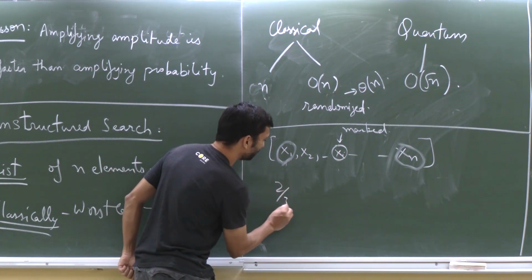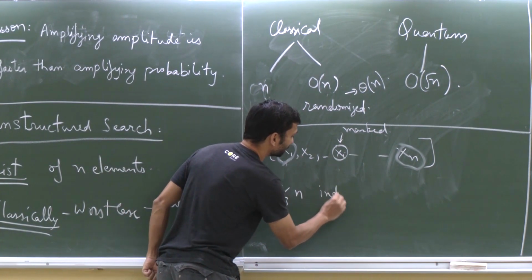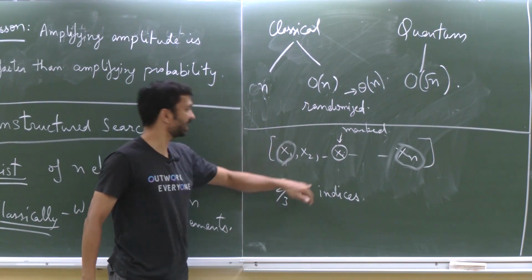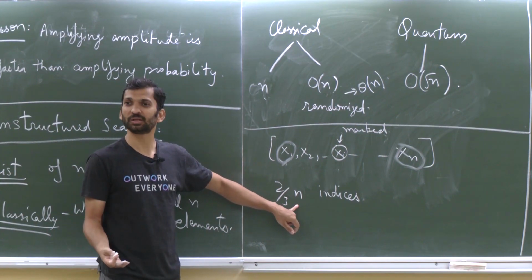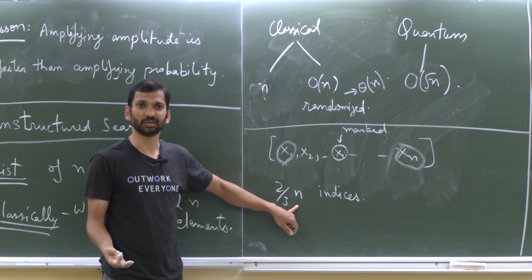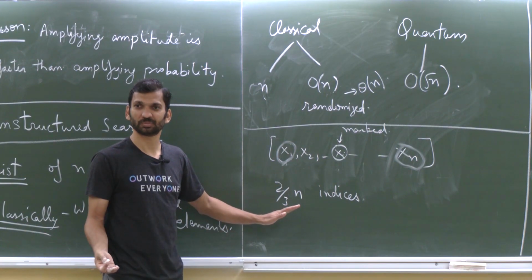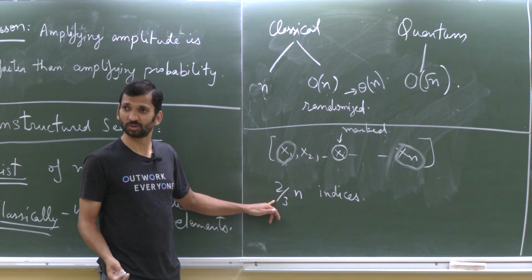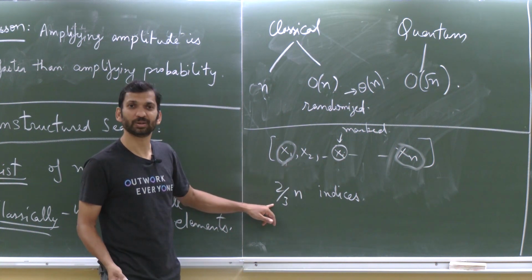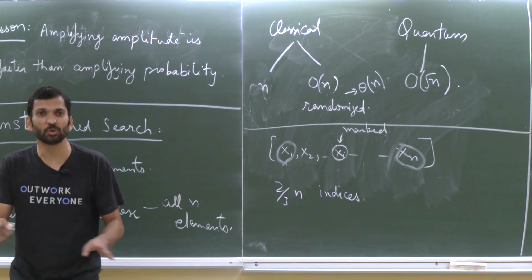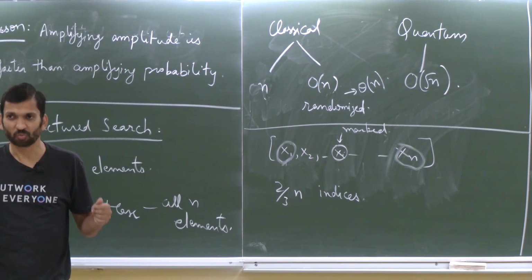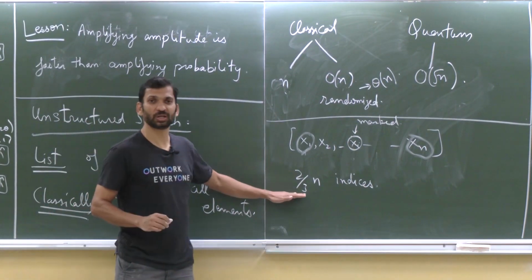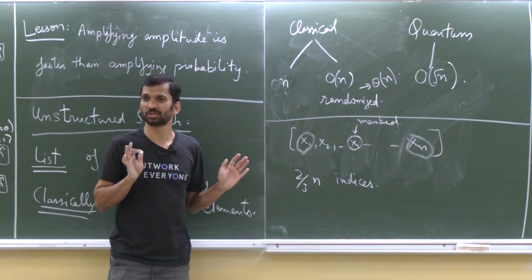So if I pick 2 by 3n indices, the success probability is 2 by 3. So this is going to be my randomized algorithm, whose query complexity is 2 by 3n. I have to look at 2 by 3n elements. What I am saying is you can't do better than this, whatever you do. Randomized, this is the best you can do because essentially there is no more structure.